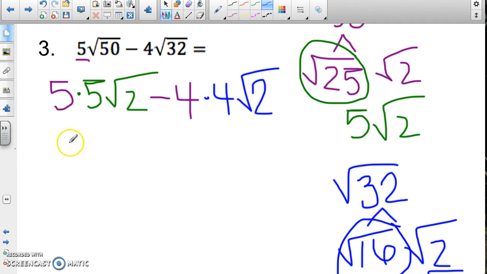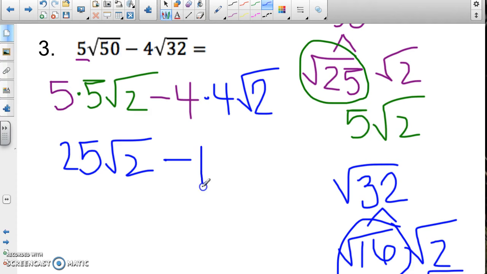So now we have to clean it up a bit. 5 times 5 will be 25. And we're going to keep that radical 2. And then we have minus 4 times 4 is 16. And radical 2.